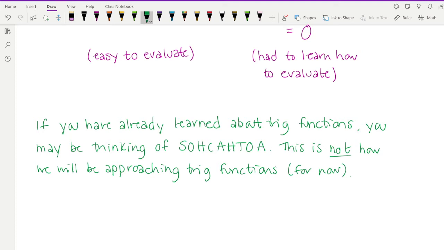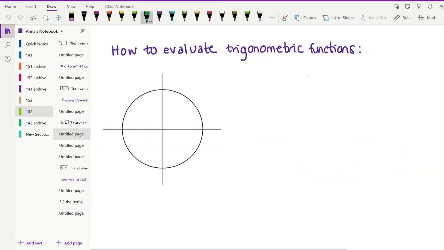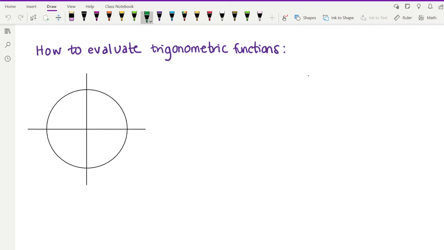And so the first way that we're going to be understanding trig functions, we're not going to be doing Sohcahtoa. So if you don't know what I'm talking about, don't worry about this, but if you do, just try to push that to the side of your brain for now and know that we'll come back to that.